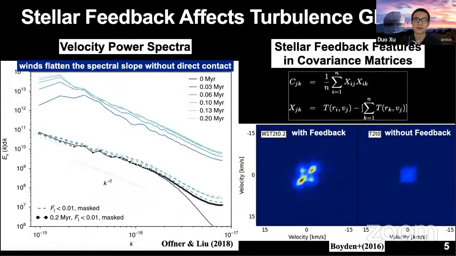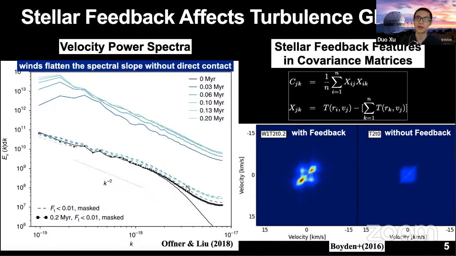Besides energy, stellar feedback also affects turbulence globally. In simulation, we see stellar winds flatten the spatial power spectra of the velocity field. Here, we see the slope is flattened, which indicates there is energy or mass injected into larger scales.